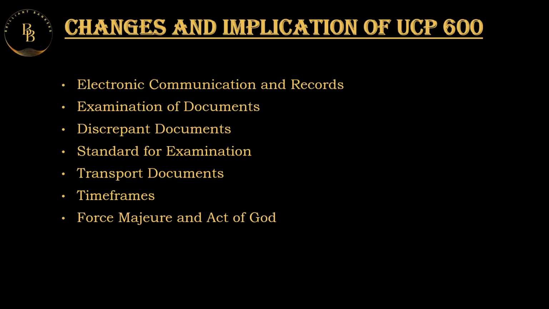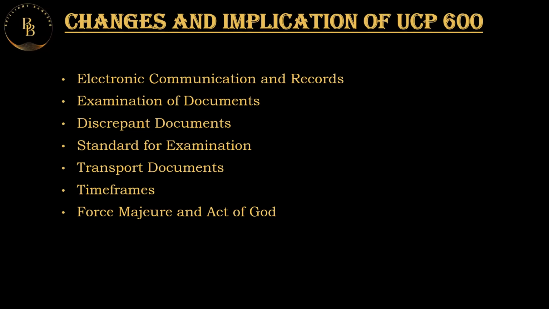It also simplified the examination process. This knowledge was crucial for accurate document examination, and the time frames were set, and all these things were helping the efficiency in the letter of credit transactions.